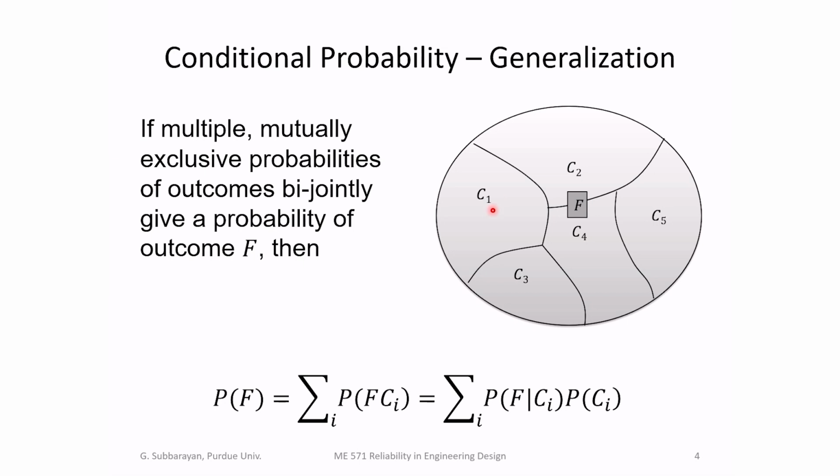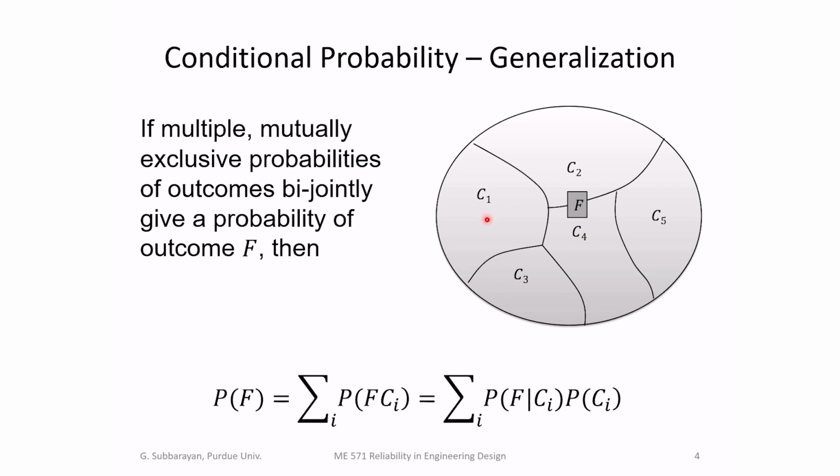And often these failure causes are mutually exclusive. If one occurs, the other doesn't occur. For instance, in an automobile, I might have a flat tire that could cause the automobile to not run. I could also have a transmission failure, and those are two mutually exclusive causes. Usually, when one happens, the other doesn't simultaneously happen.